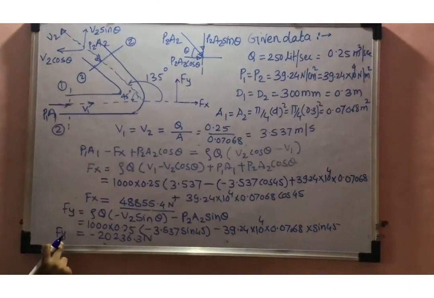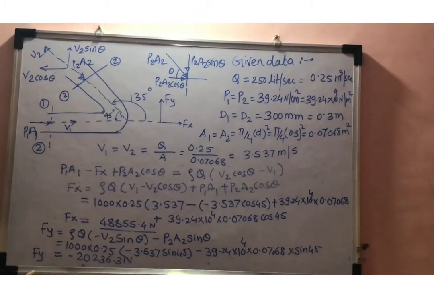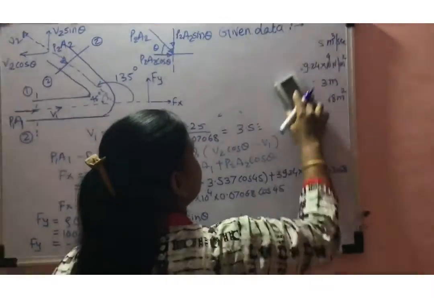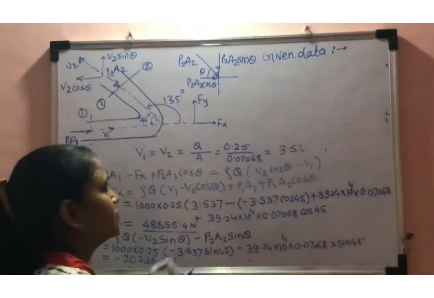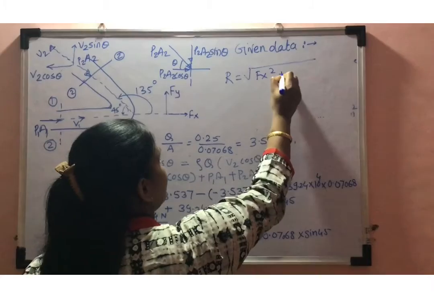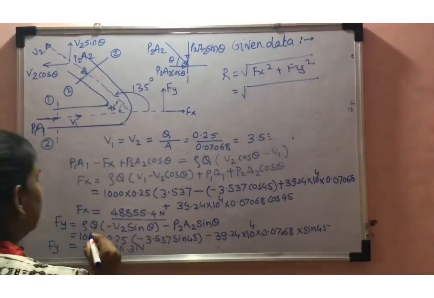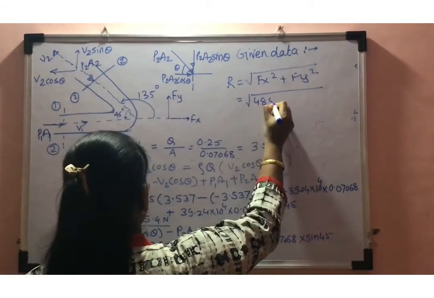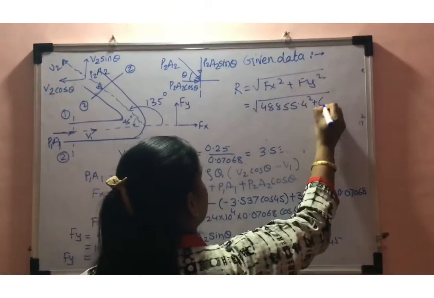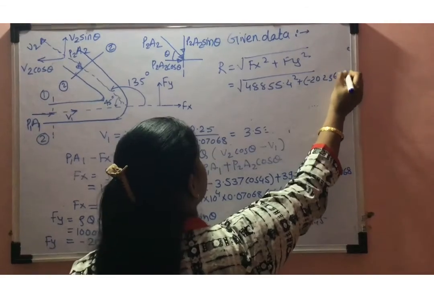After getting Fx and Fy, you have to calculate the resultant. For calculating the resultant, R is equal to the square root of Fx square plus Fy square. So put the value of Fx, that is 48855.4 square plus 20236.3 square.